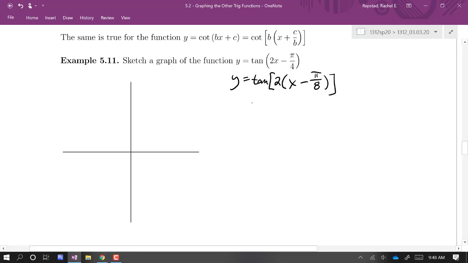What's the period? Pi over 2. Right, we're just taking pi and dividing it by that coefficient. And then the phase shift? Pi over 8 to the right. Yeah.